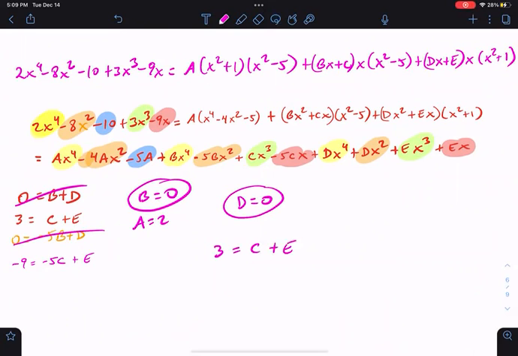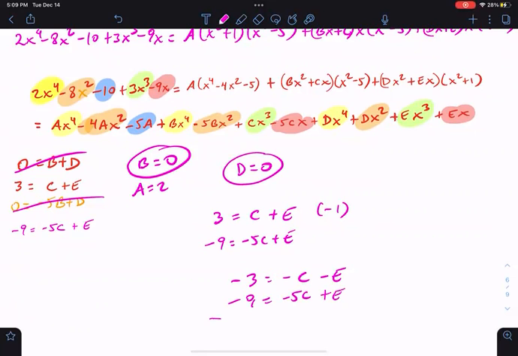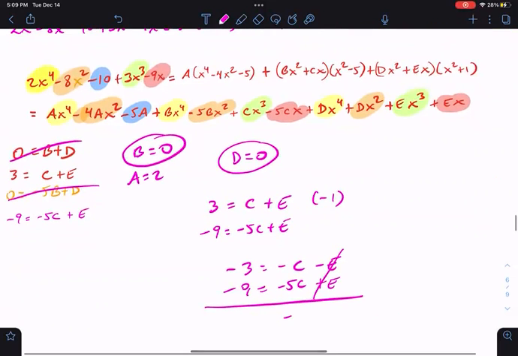c plus e, -9, -5c plus e. So I can multiply by -1 this equation and I get 3 equals -c, -e, and this is going to be -9, -5c plus e, right? So this cancels. You get -6c equals -12. So c equals 2.